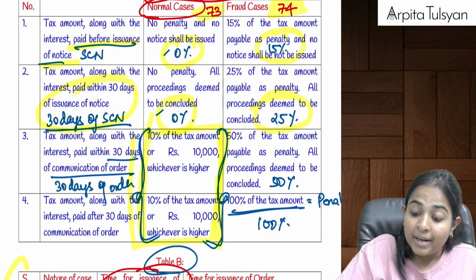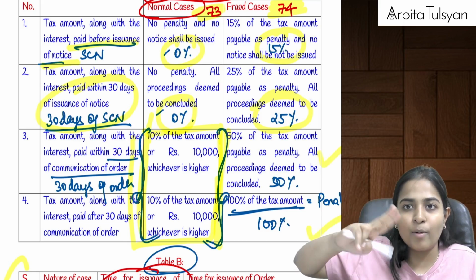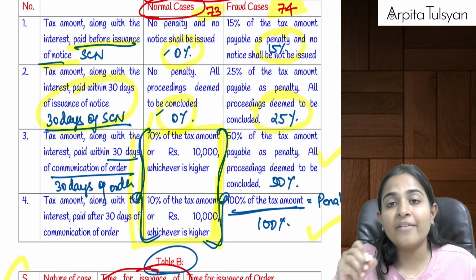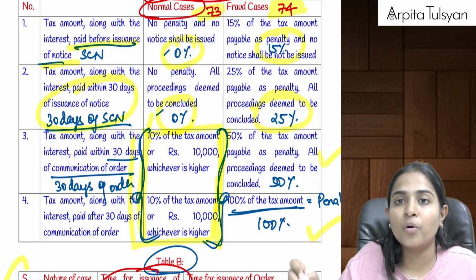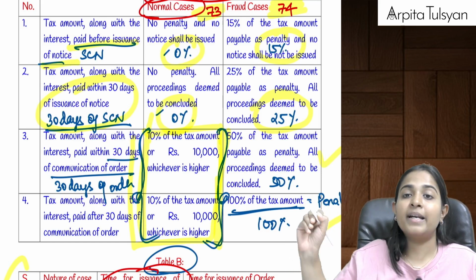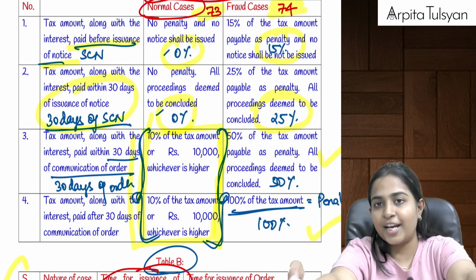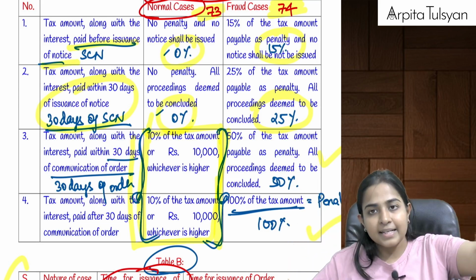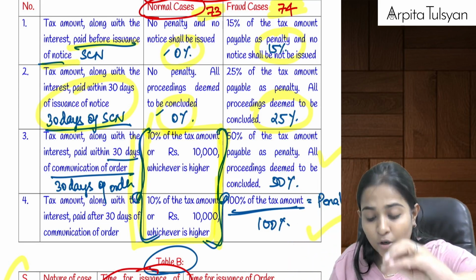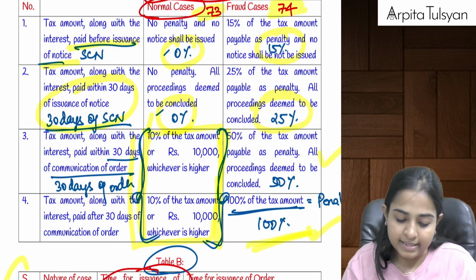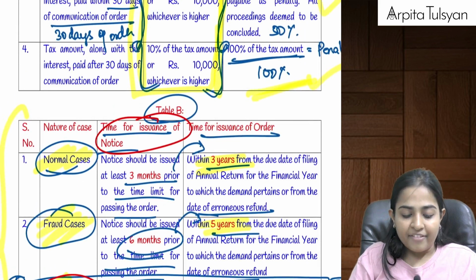But in fraud cases, there were two further bifurcations. If you pay within 30 days of communication of the order, tax plus interest plus penalty at the rate of 50% of tax. And if you pay after 30 days of communication of the order, then tax plus interest plus penalty at the rate of 100% of the tax amount is required to be paid. Very clear with this? Okay.